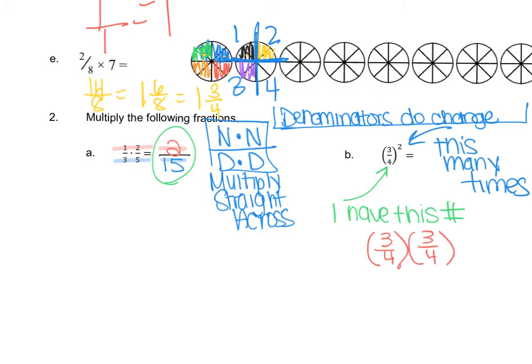And then I'm going to do the same process I just did. I multiply the tops, I multiply the bottoms, I get a top, I get a bottom, I have a fraction bar in the middle, and what do I get? I get 3 times 3, which is 9, I get 4 times 4, which is 16, I make sure it doesn't simplify, which in this case it doesn't, and I get 9/16. And I'm all done.